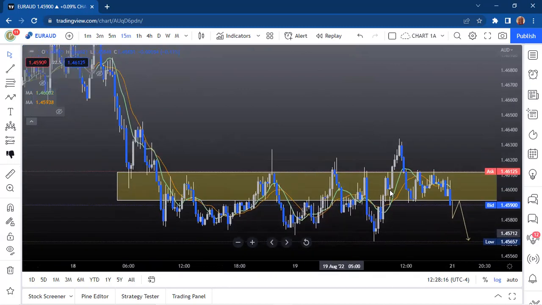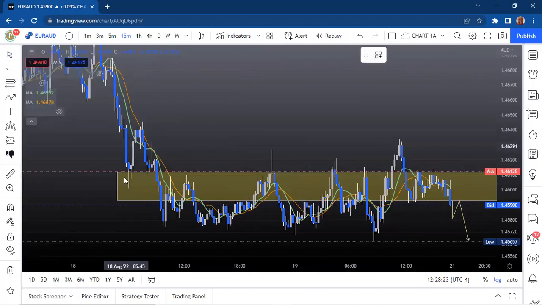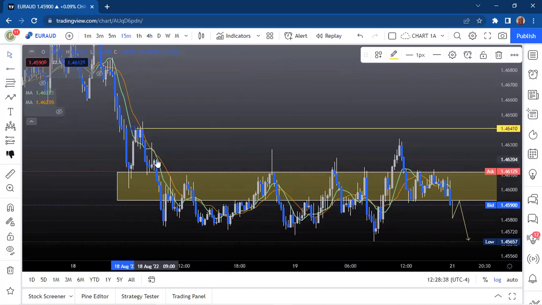Now, the only line I really would put would be a structure line. When this downtrend on the left side came down, you would notice that right here it came down, retraced, came down again, retraced, came down. This is a really significant structure area because it's an area of resistance, if you want to call it resistance.